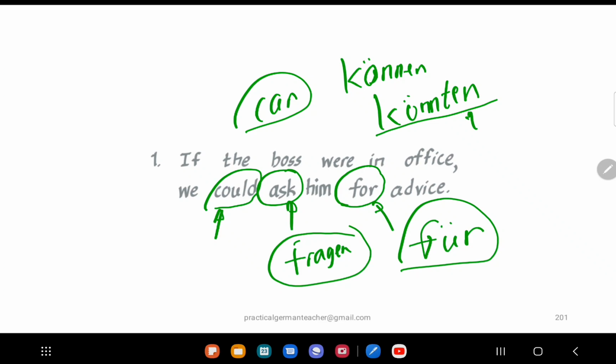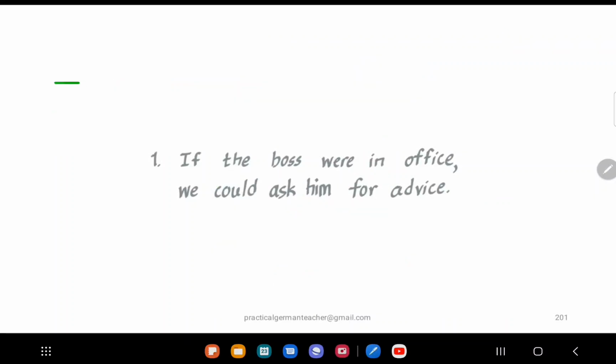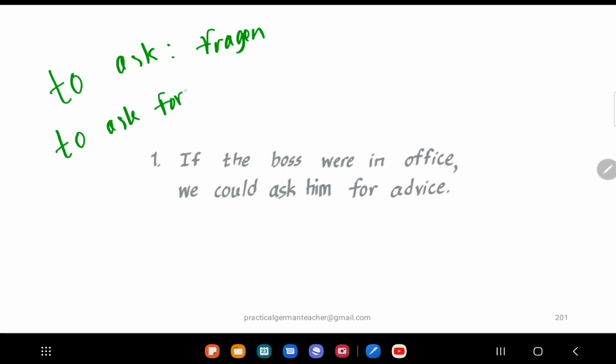Here the verb is actually to ask someone for something. To ask, the verb is fragen. You should learn the verb like this: to ask for something.